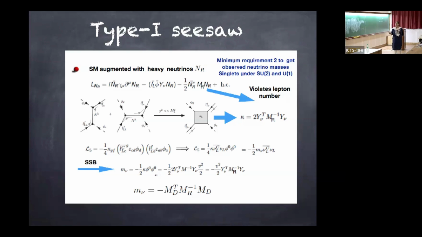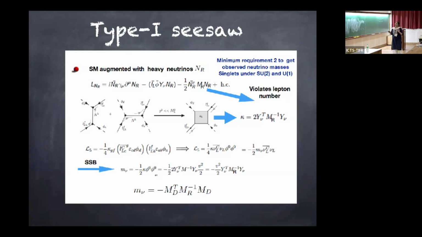Once you know the Feynman rule, this is a tree level calculation, so it's not very difficult. What I want to explain is that when we say seesaw, it's a little more than M_D transpose M_R inverse M_D. It comes from a UV complete theory where we are adding a right-handed neutrino to the standard model.